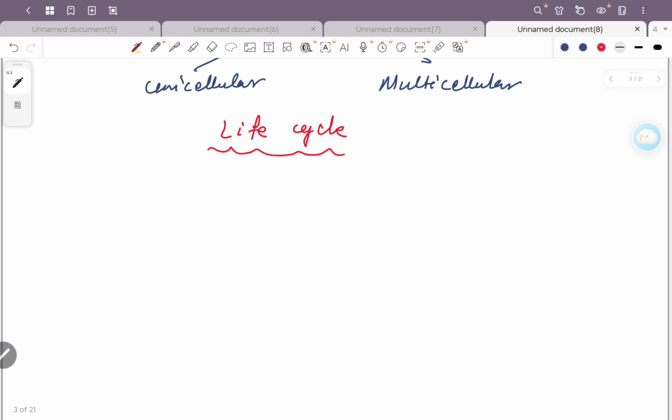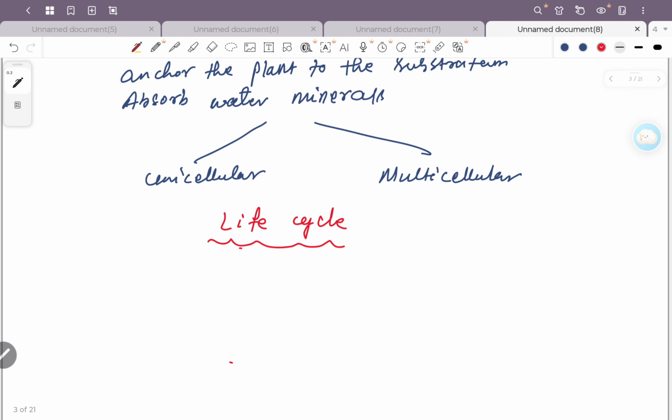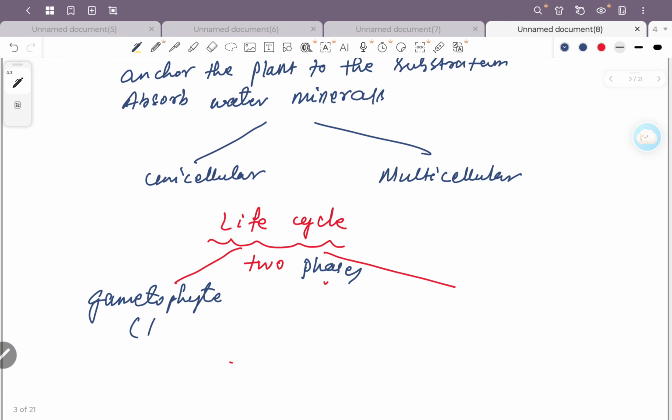As I have said, the bryophyte life cycle involves two phases, that is the gametophyte, which is haploid, means n, and the other one is the sporophyte, which is 2n or diploid.